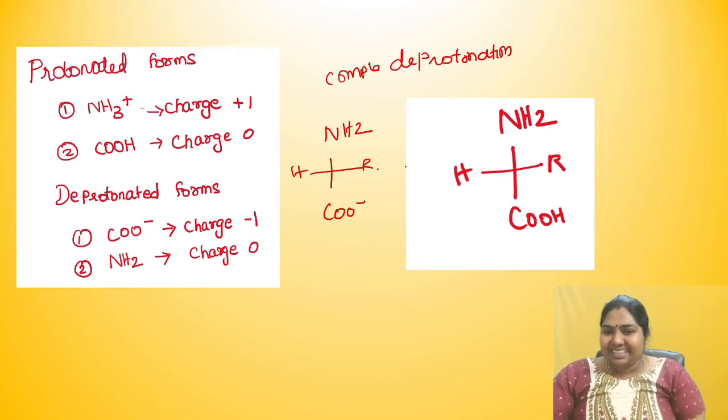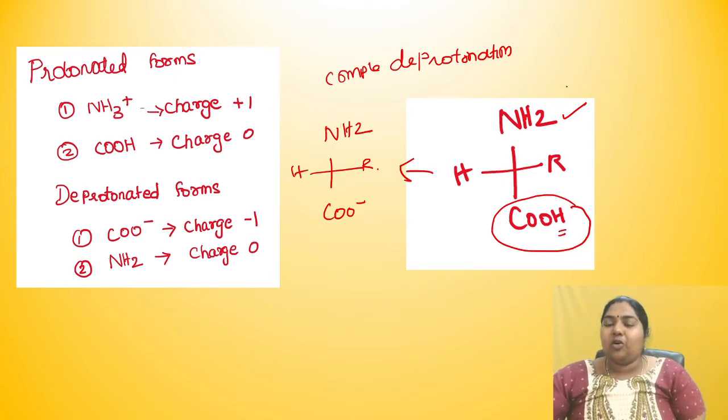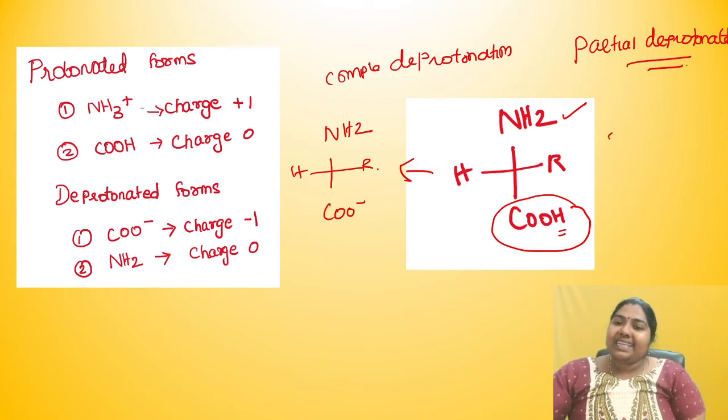But now you can see that it has not yet achieved this condition. NH2 is there, but this COO is still present in a protonated form. So this becomes a partial deprotonation. It is partially deprotonated. Is it possible? Yes.